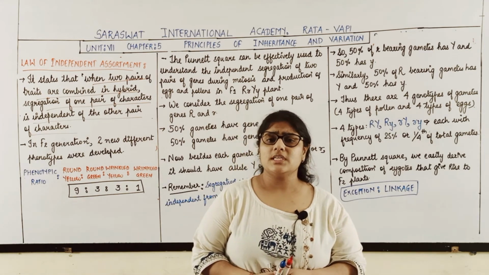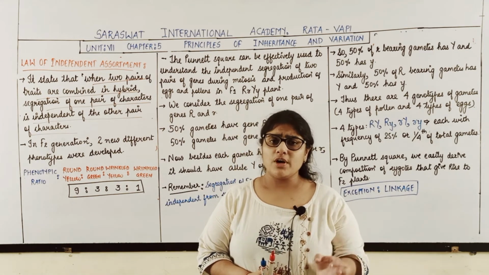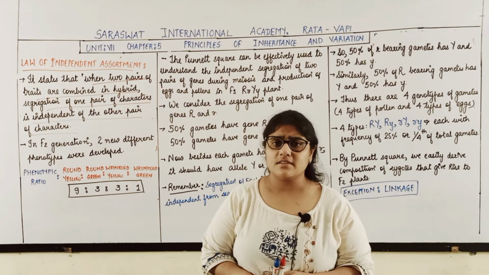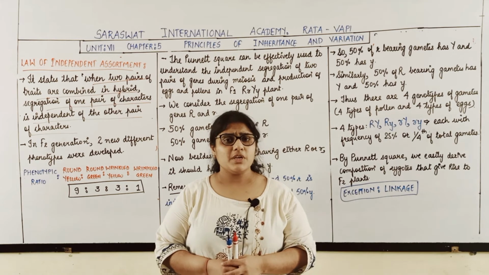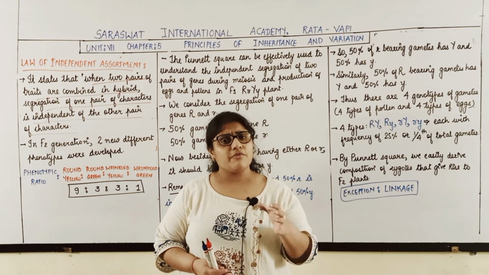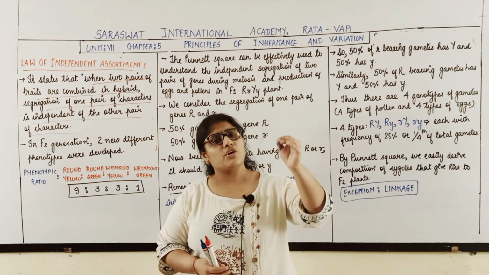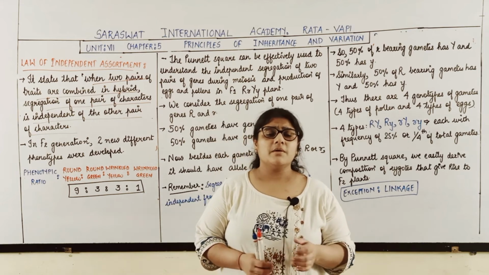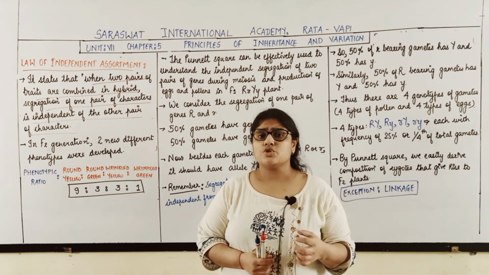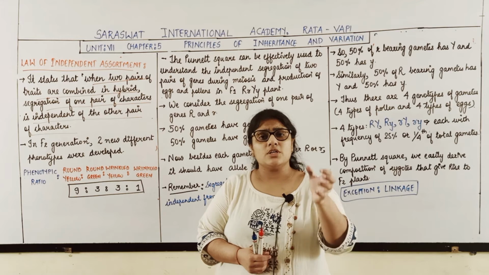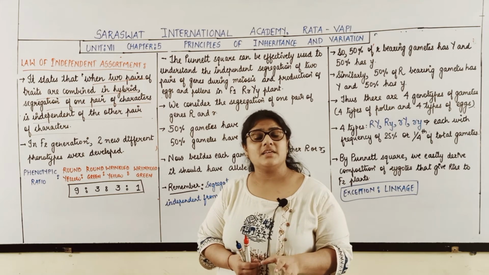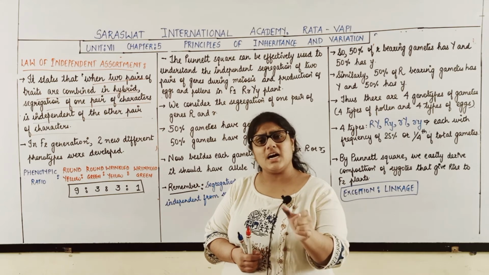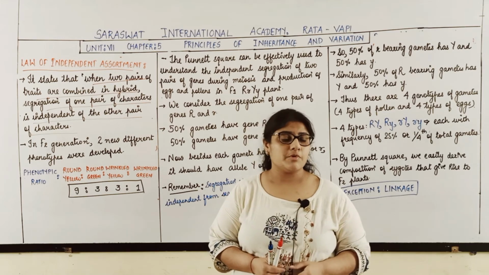Now I told you this law states true only for those characters whose genes are located on the different chromosomes. But we know that number of characters are far more as compared to the number of chromosomes. So students, what about the inheritance of those characters whose genes are located on the same chromosomes?